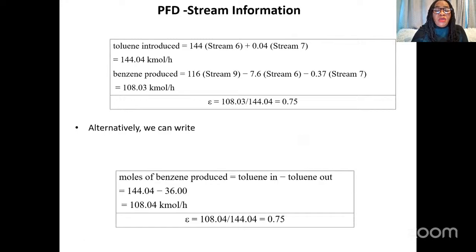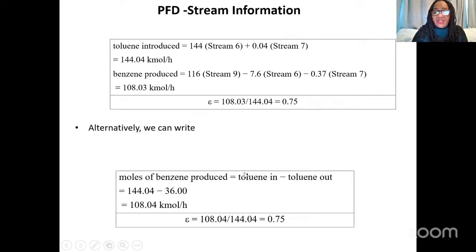So if you go back, you see toluene in and toluene out. So toluene in minus toluene out will give you the benzene produced. And so the benzene produced now divided by the inputs, which is 144.4, is giving us 0.5.